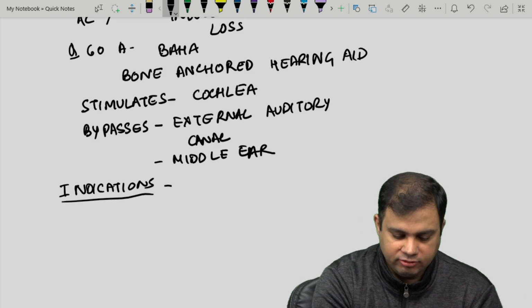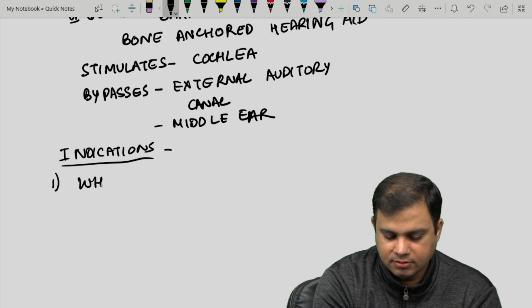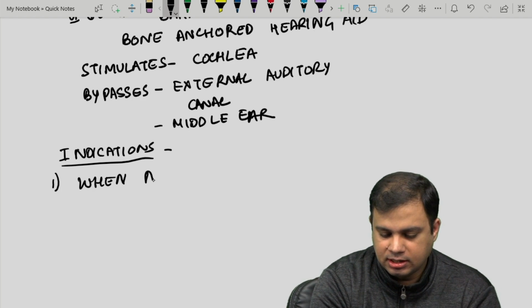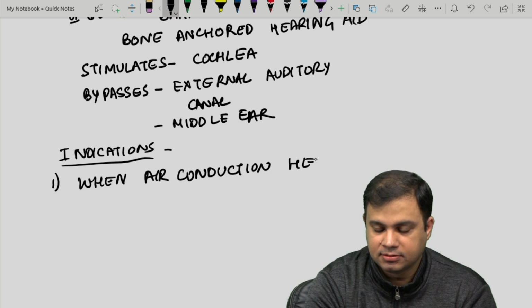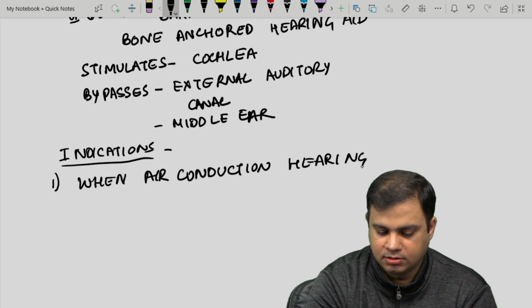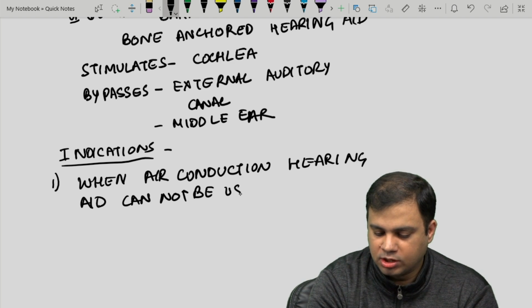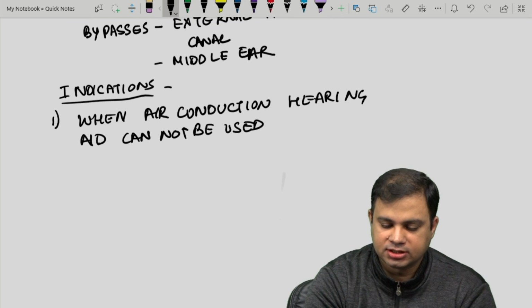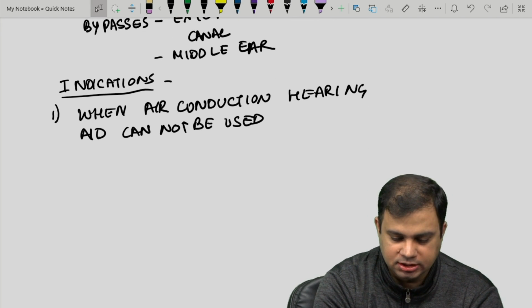So, indication 1 is when an air conduction hearing aid cannot be used. Now, what are the conditions in which an air conduction hearing aid cannot be used?